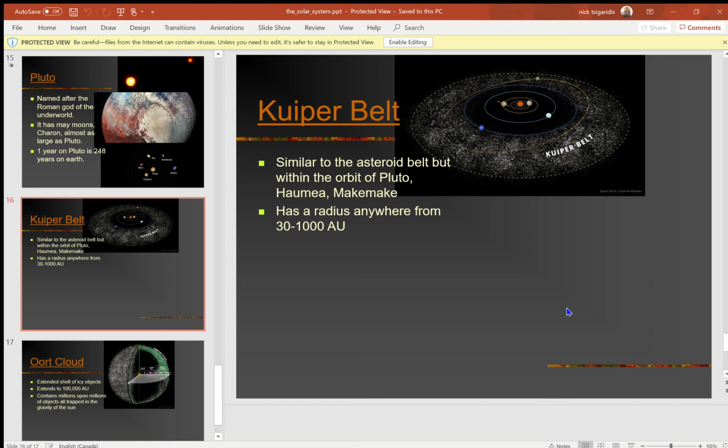It has a radius that begins anywhere from 30 astronomical units all the way up to 1,000 astronomical units. So it's a very, very large area there, large radius. In terms of the objects that are in there, these are icy worlds, large rocky icy worlds that are remnants from the early solar system. And as I mentioned already, Pluto is in the Kuiper Belt.